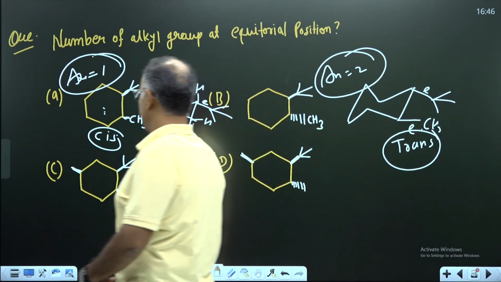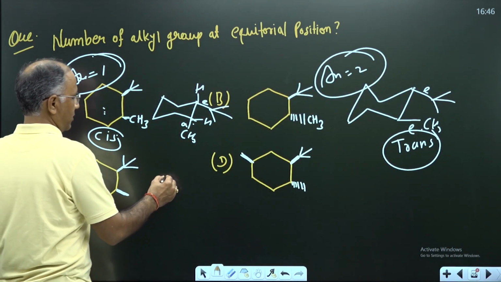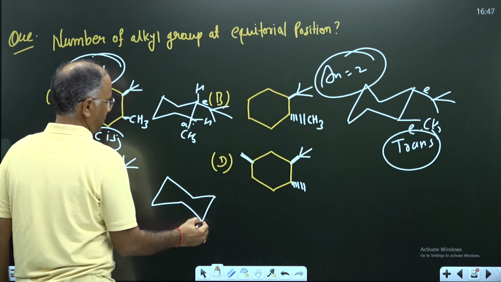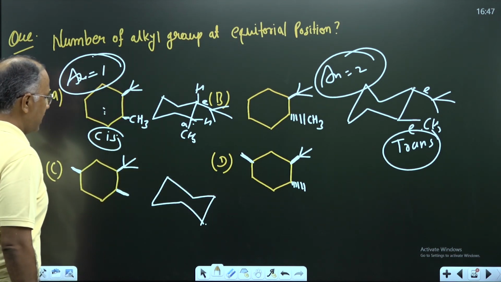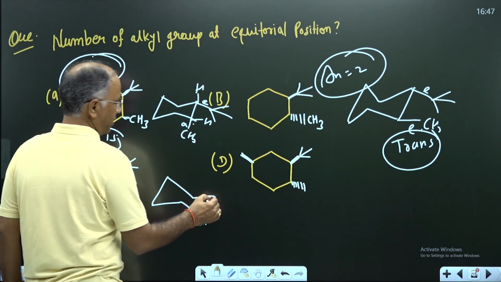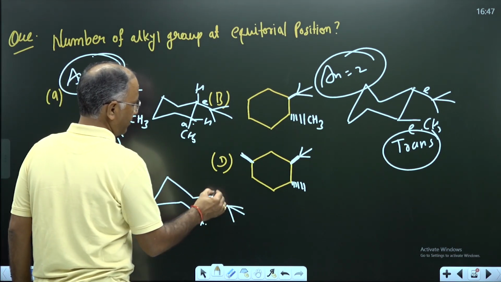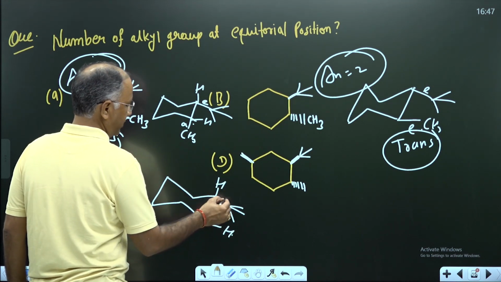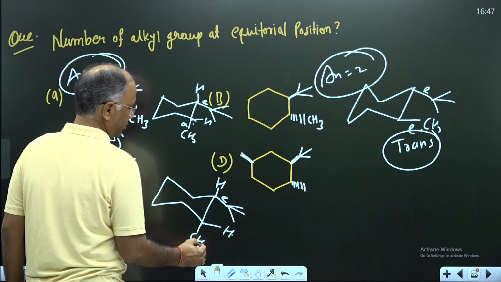In example C, cyclohexane in 1 and 2, this is our cis form. This is down, and cis means again it must be down.